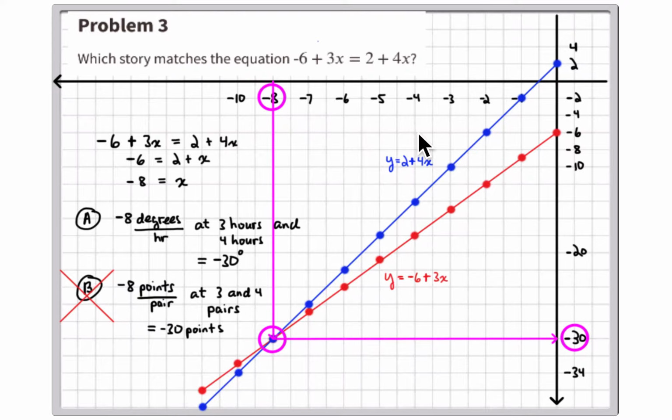Now the author never intended for students to go to the point of graphing and interpreting the graph. As far as they were going to go, probably would be to solve the equation, get -8, but not interpret that within a graph. So the rate is -8, and then you plug that into either side and you get a value of -30.